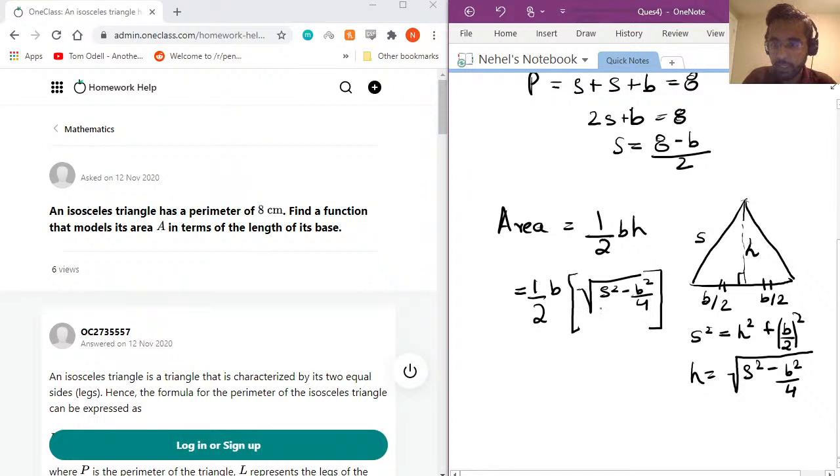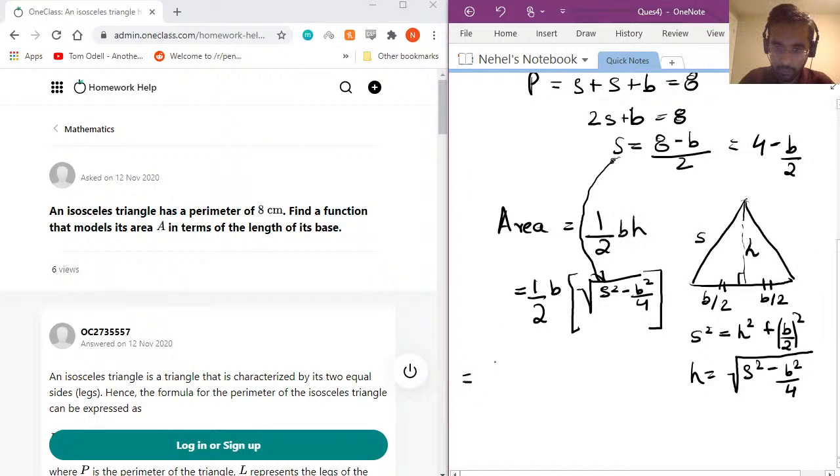Now we need to get rid of this s squared term because we need our final answer to be in terms of the length of the base. So s is actually nothing but 4 minus b over 2. We can use this s and plug that in over here to substitute it.